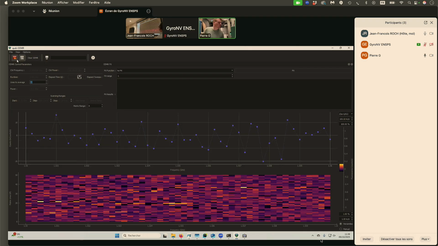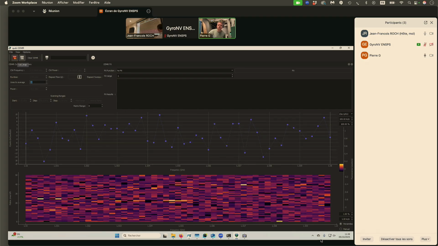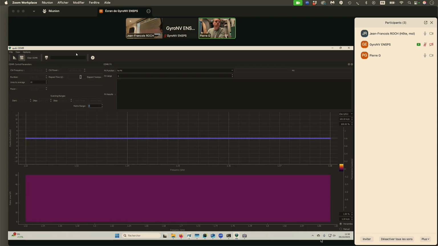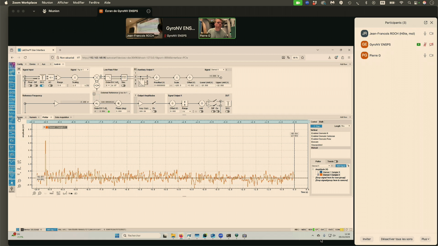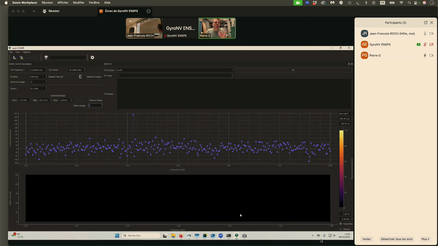Okay, let me just see. Okay. So here I just have to change something. The problem was that the photodiode was in saturation.